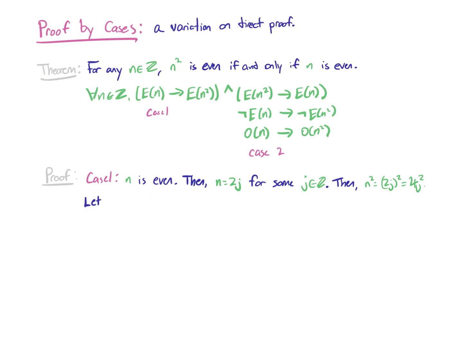I'm going to choose a new variable, k equals 2j squared. Then we have n squared is equal to 2 times k.